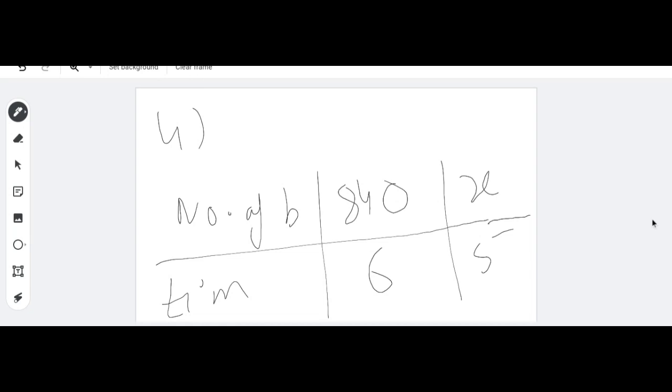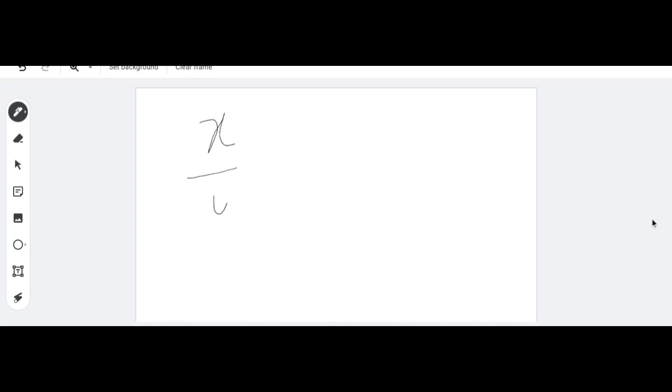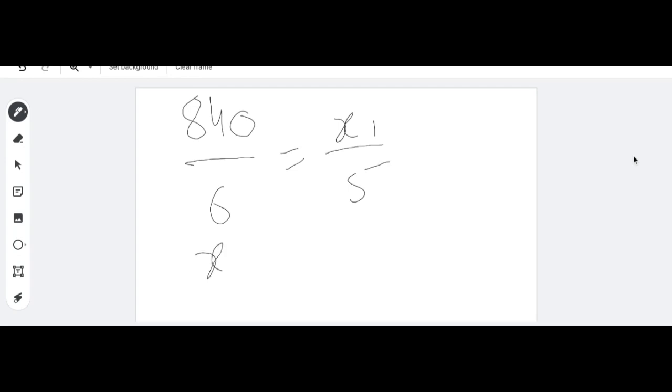This is the x1 and this is the y1. This is simply x and y. So I will do this. x and y is equal to x1 and y1. I will put the values. What are the values of x and y? x is 840, y is 6, and then we don't have the value of x1, and 5. x1 will shift here.